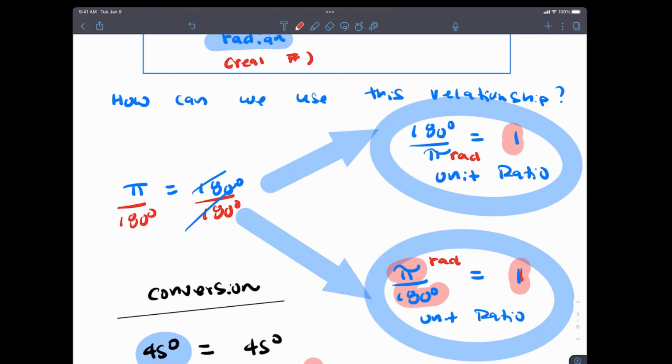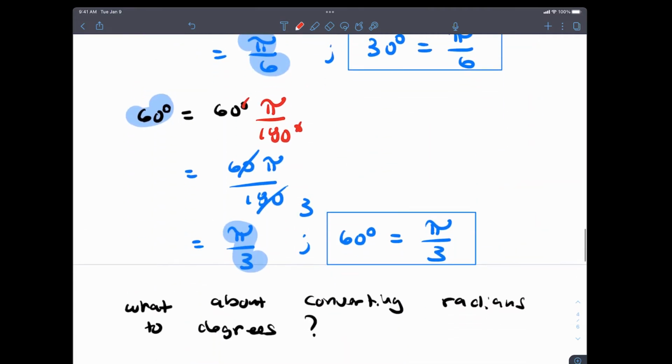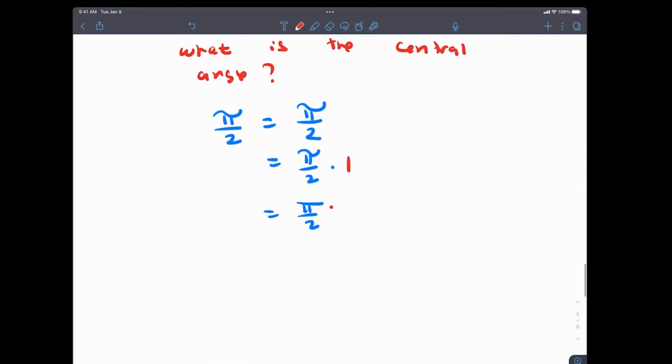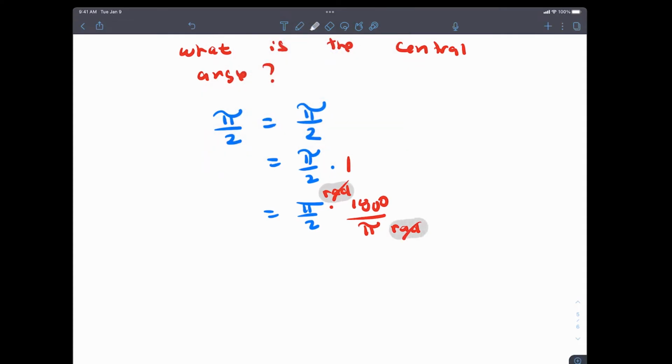So if you use the first one, which is 180 degrees over radian, which is a unit, this is 180 degrees over pi. This is radian, and this is also what? Radian. What do you guys notice? The units cancel. Is that right? The same idea. Radians cancel.